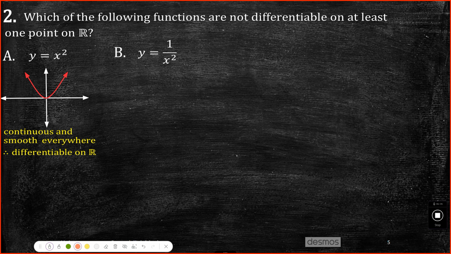Y equals 1 over x squared will have a vertical asymptote at x equals 0. So it wouldn't be differentiable everywhere. Here you've got to be careful. It is differentiable where it exists, but it is not differentiable everywhere.